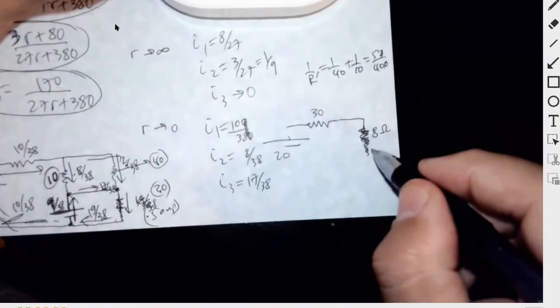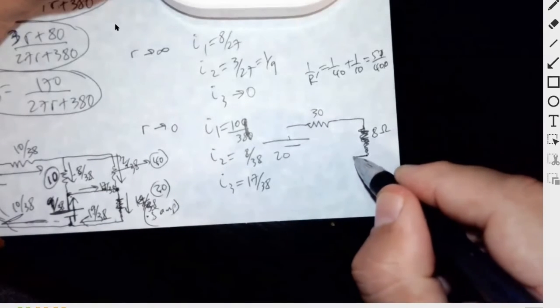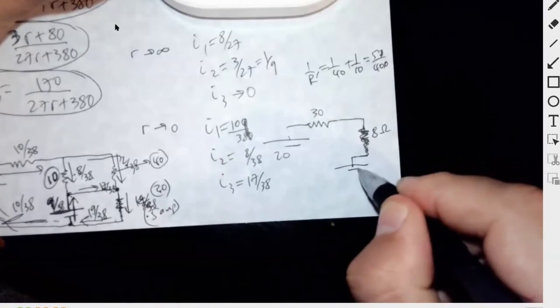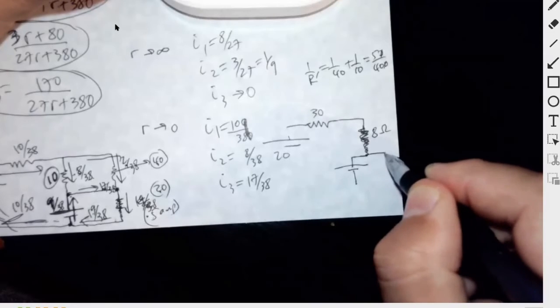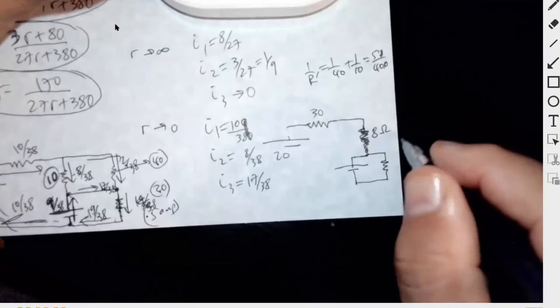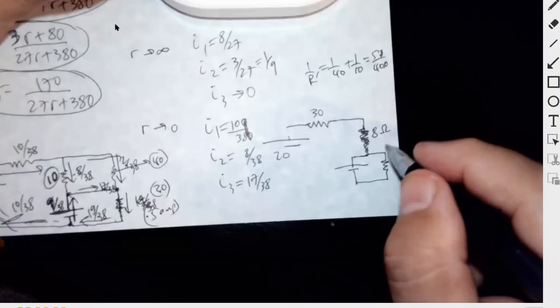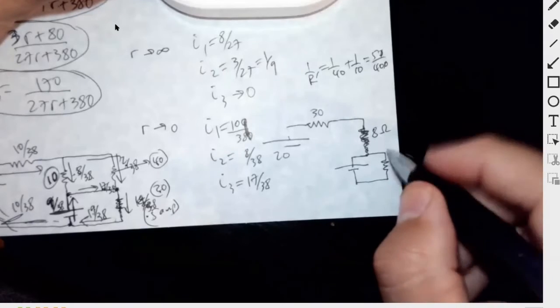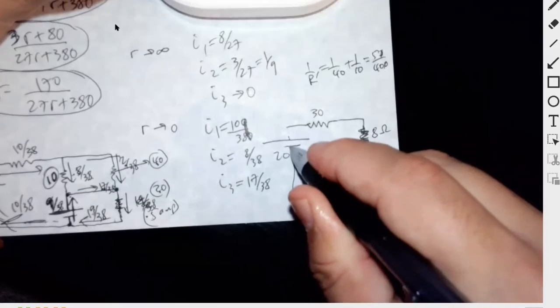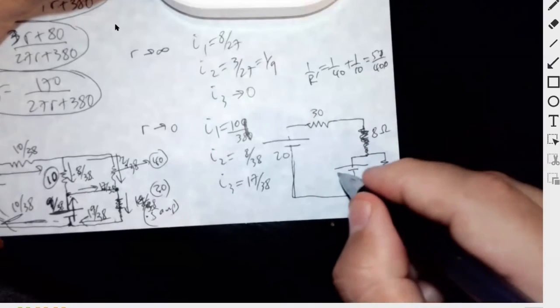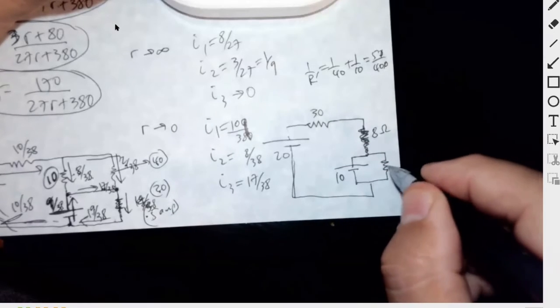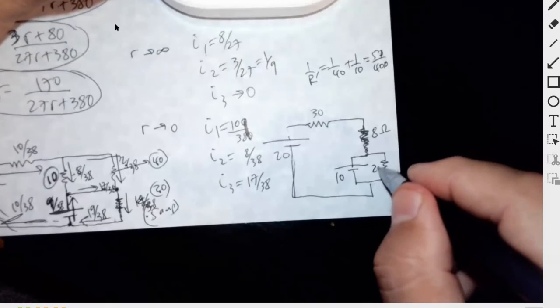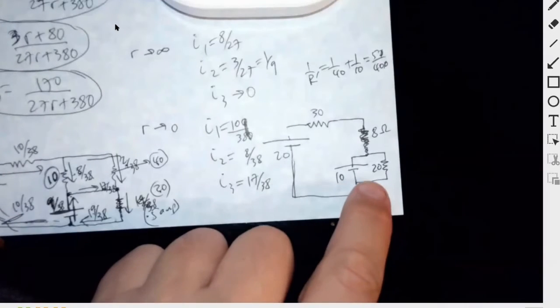And then this would be parallel with that, but it's just basically by itself. So it would look almost like this. You see what I mean?